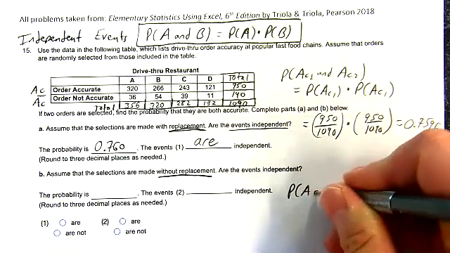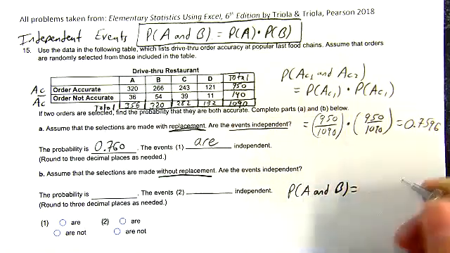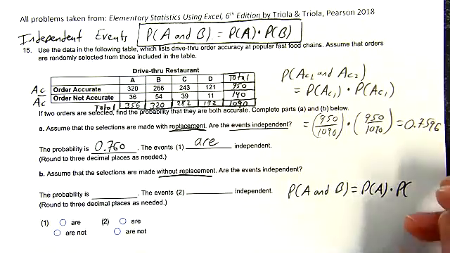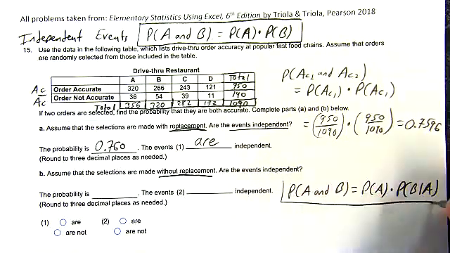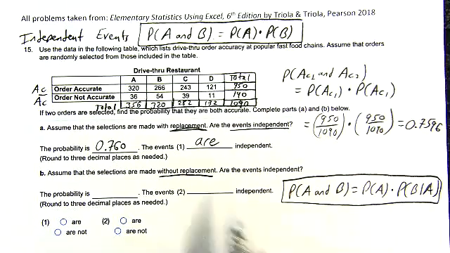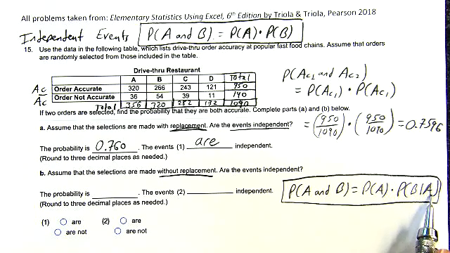The probability of A and B is equal to the probability of A times the probability of B given that A occurred. So in this one, because we didn't replace the first information, I know that my first drawing was an A.